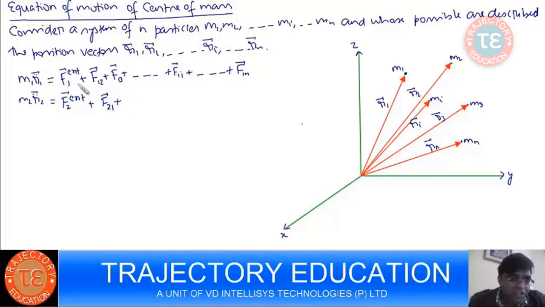What is f12? What is f1 external? F1 external is external force acting on m1. External force, the force which is not applied by all these particles, is by something outside the system. Force is someone outside the system apply on m1.